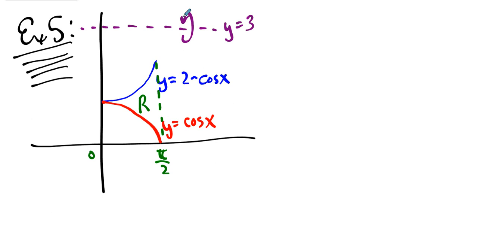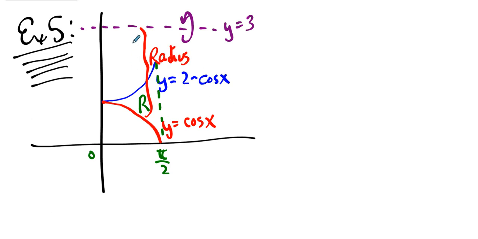So again, you take something that's going to have a hole in it and you revolve that about y equals 3. So what is happening? Well, the red curve is generating the outside edge. It's further away from the axis of rotation. So the big radius is this one.